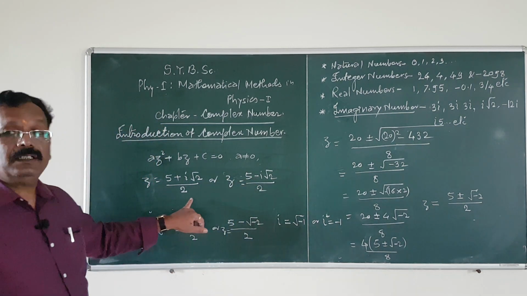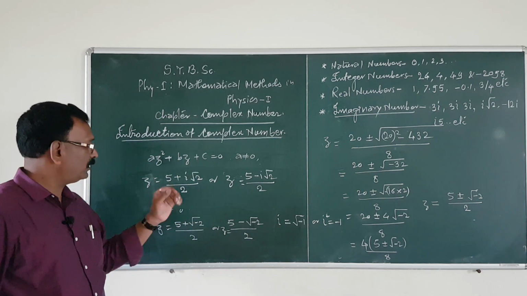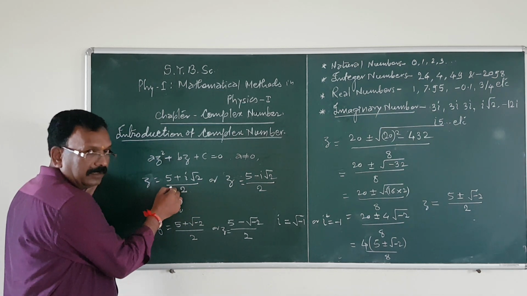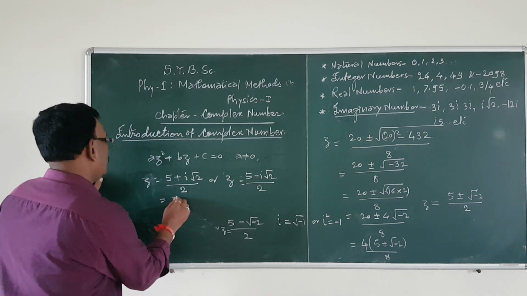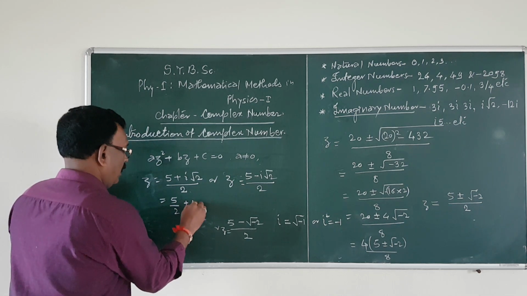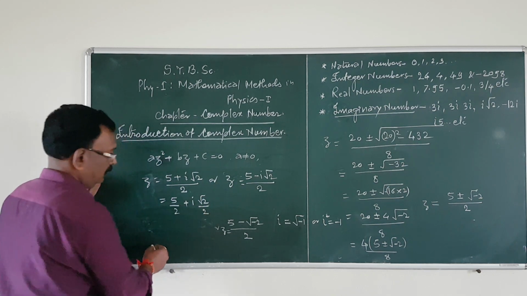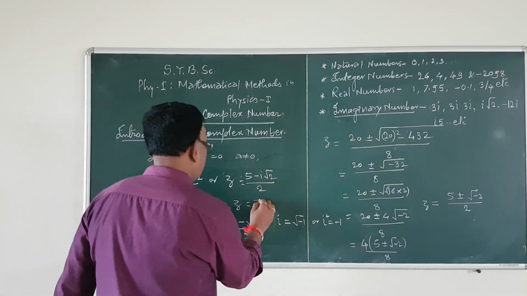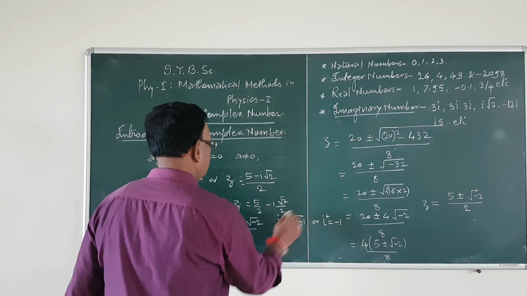Now these numbers are called complex numbers, because each number consists of a real part as well as an imaginary part. For example, after solving this, we will get z equal to 5 by 2 plus i root 2 by 2, or z equal to 5 by 2 minus i root 2 upon 2.